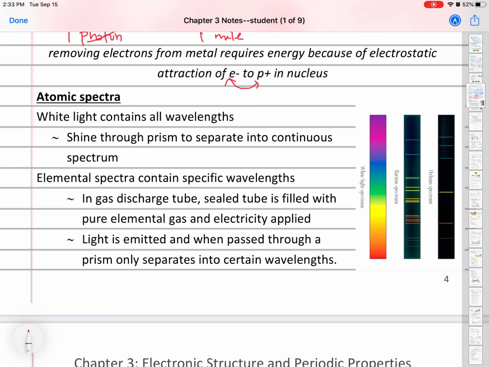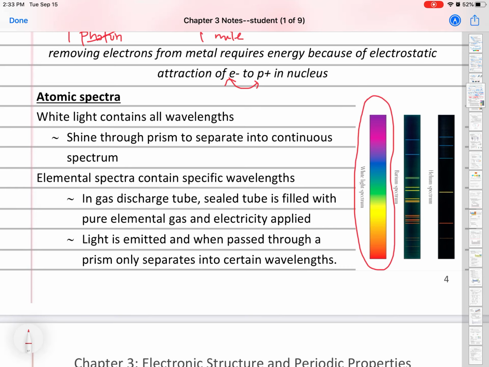But there was another weird thing that didn't fit with classical physics, and that was the atomic spectra. So when you take light and you shine it through a prism, you get these patterns. If it's white light, like from the sun, and you shine it through a prism, you get a continuous spectrum of color that we call the rainbow, and it's continuous.